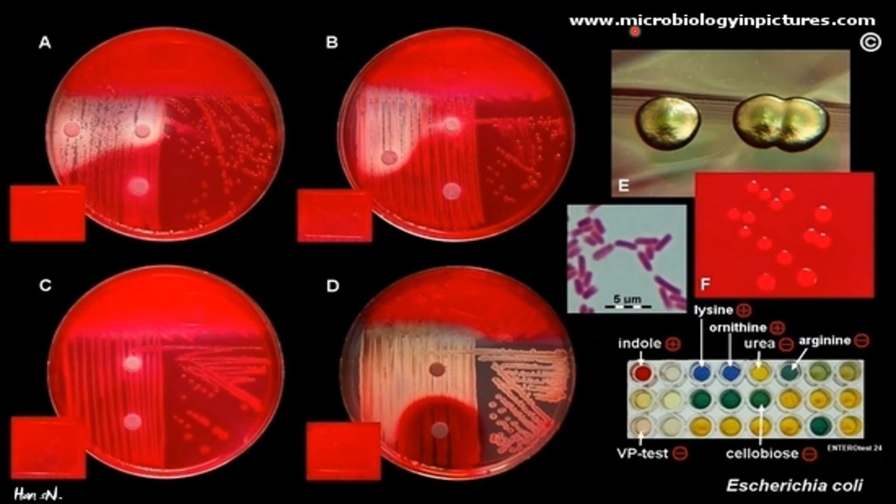Okay, so on blood agar plates, it appears like this, and they are actually not hemolytic bacteria. So it's a gamma hemolytic bacteria. So E. coli is a gamma hemolytic bacteria.